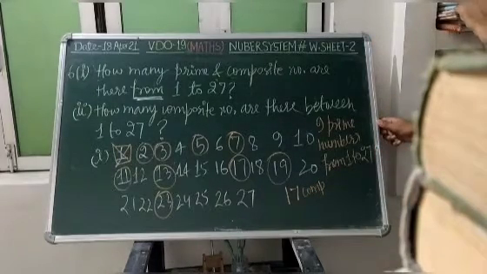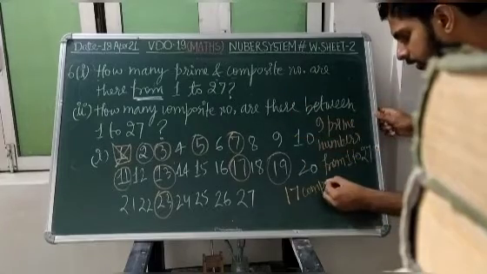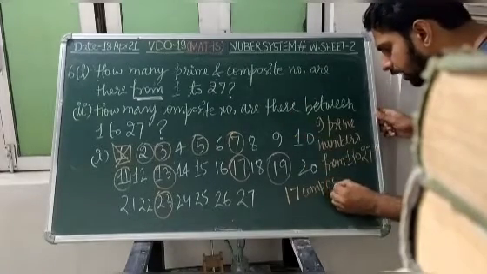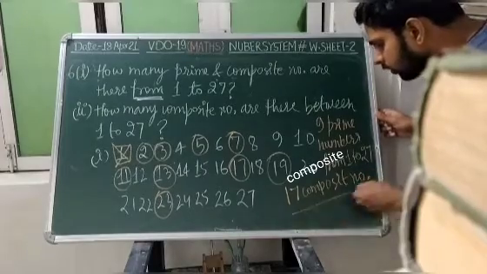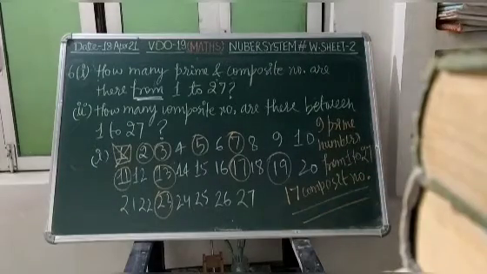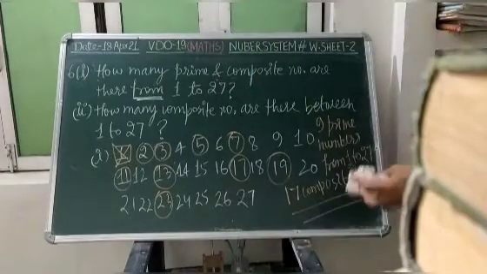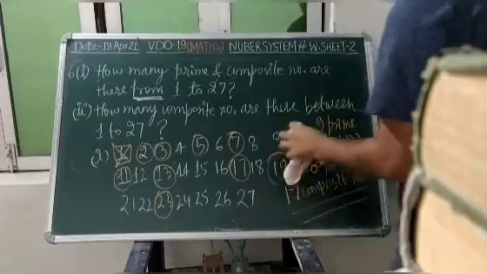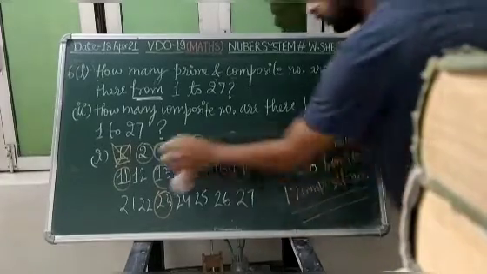9 and 26 will be there, no? 26 plus 1. Okay, correct. 17 composite numbers. So you can think of it as subtracting.